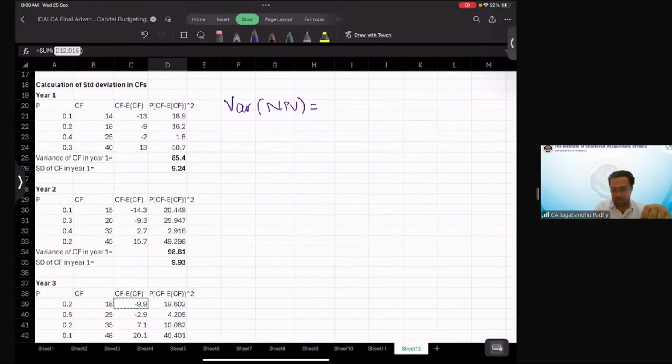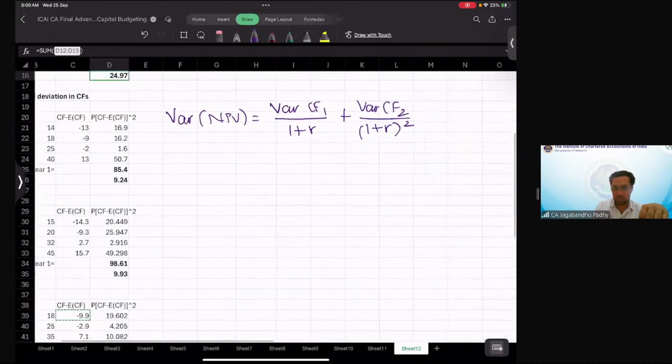Variance of NPV is simply calculated as variance of cash flows in year 1 divided by 1 plus the rate, plus variance of cash flows in year 2 divided by 1 plus R squared, because we need to discount it.